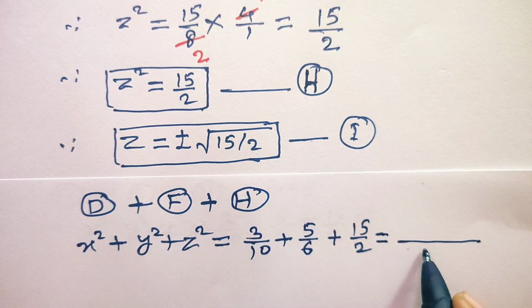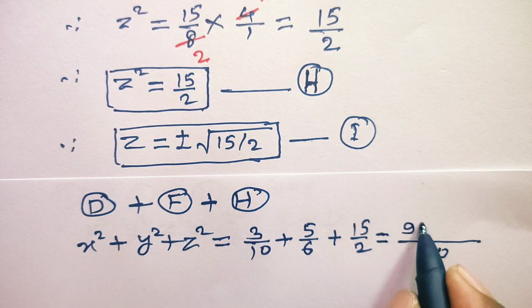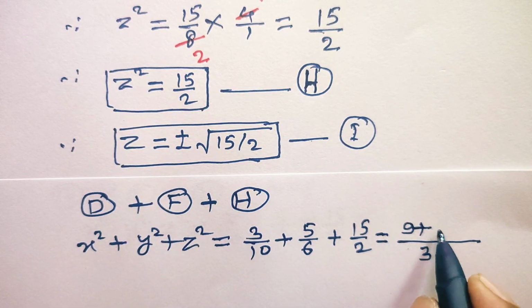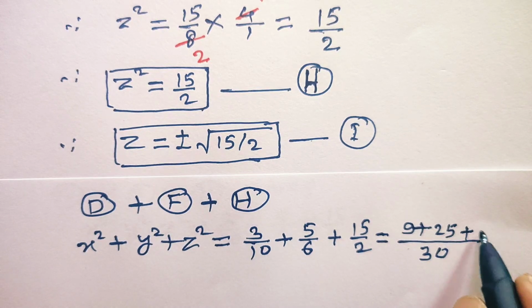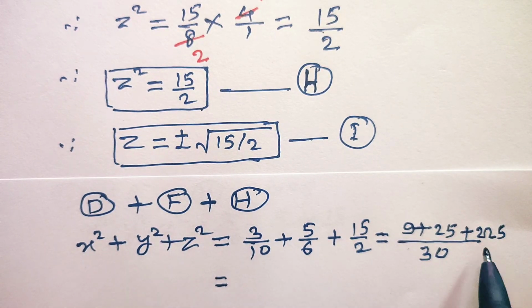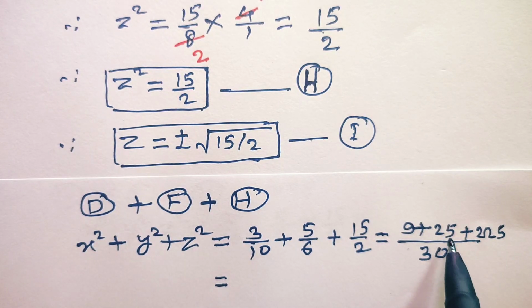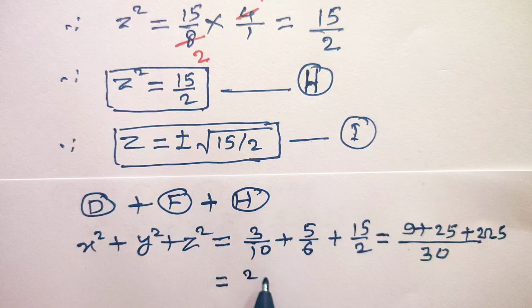LCM is 30. 3 square is 9 plus 5 square is 25 plus 15 square is 225, is equal to 225 plus 25, 250 plus 9, 259 divided by 30.